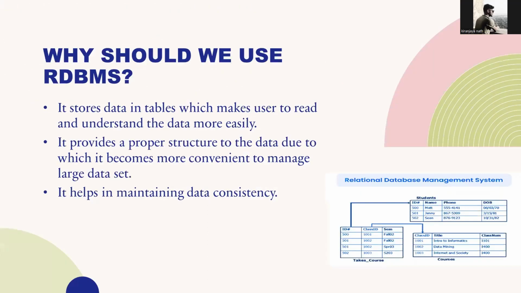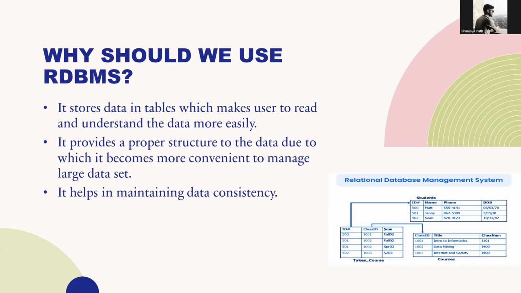Okay. Why should we use a relational database management system? If someone asks you that, the answer is that it stores data in tables, which makes it easier for users to read and understand the data. In the first question I told you that there are so many types of databases, right?